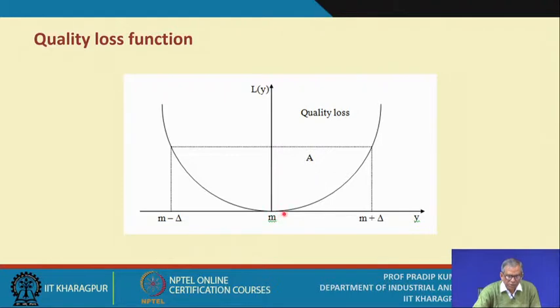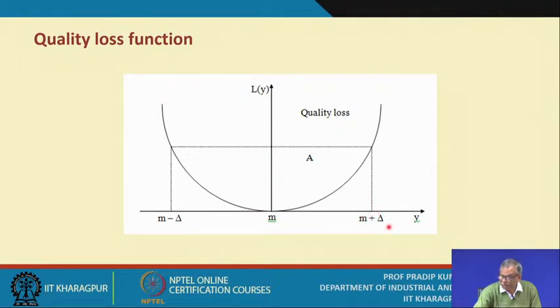Now, suppose this is the target value, and from the target there is a deviation of plus delta on one side and minus delta on the other side. This is a quadratic loss function, so what do you expect?